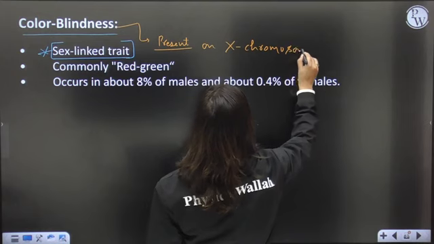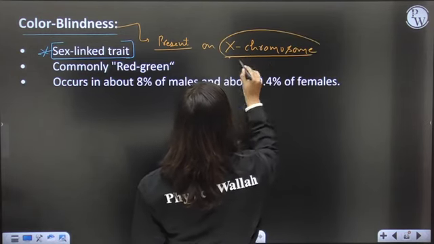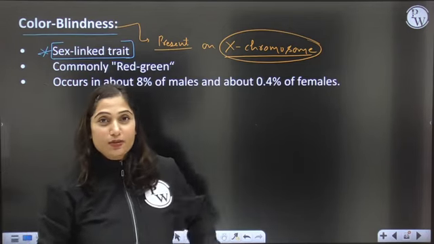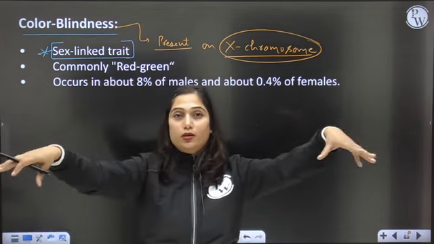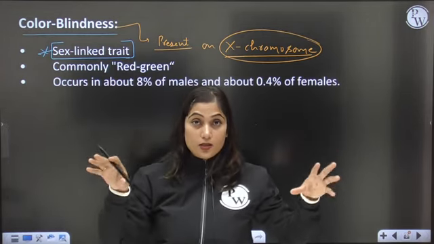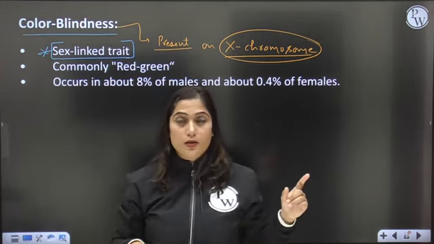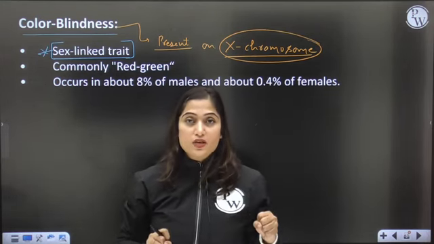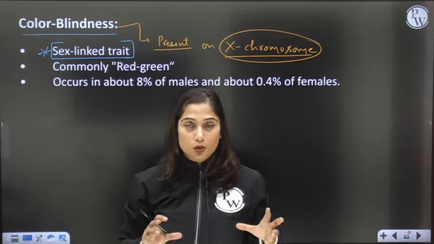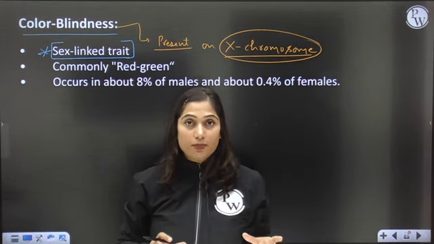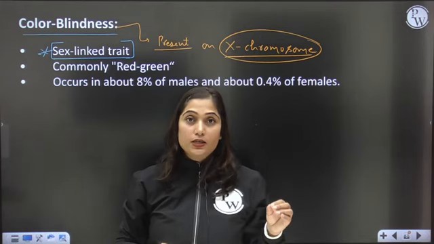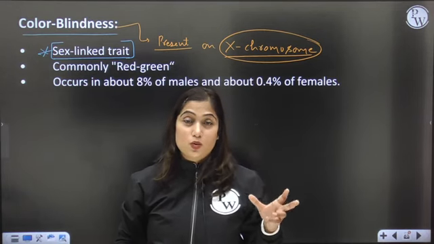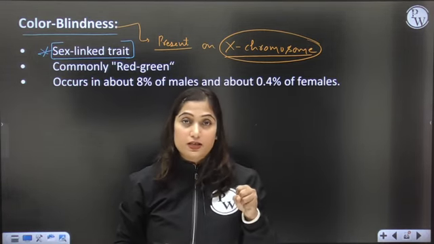Color blindness doesn't mean that your life is black and white. No, color blindness is generally red or green blindness. That means the cone cells of the eye are unable to perceive the red and the green color. Why does it happen? Because the gene present on the X chromosome becomes recessive. It is unable to form the pigments and the cone cells are unable to perceive the red and green color.